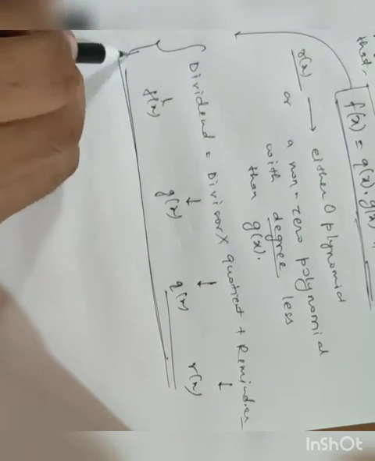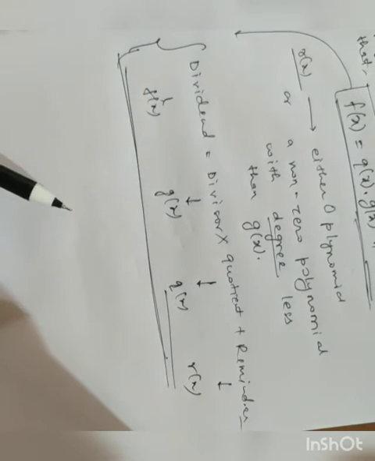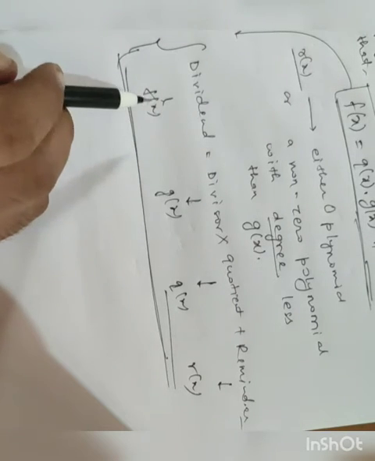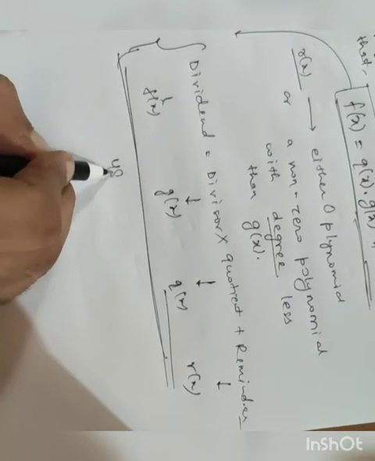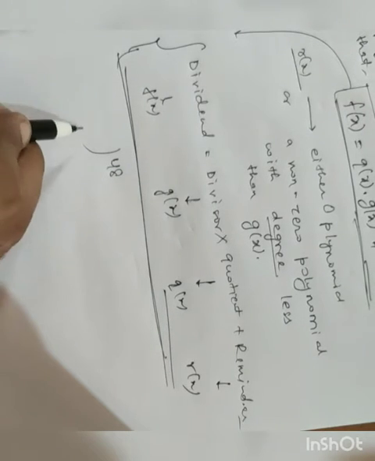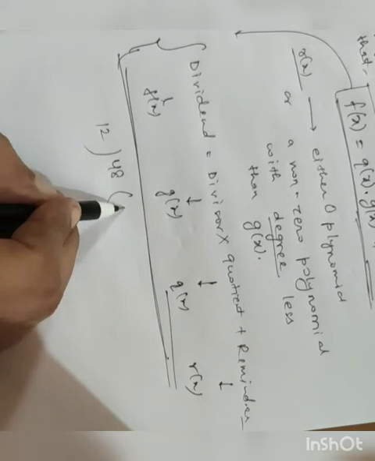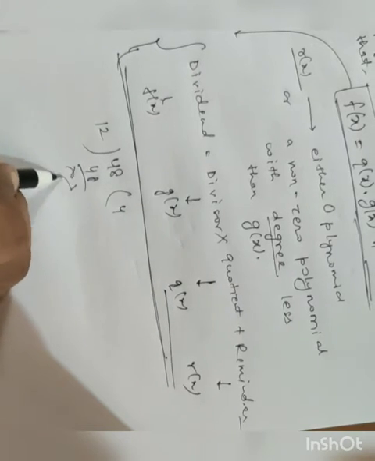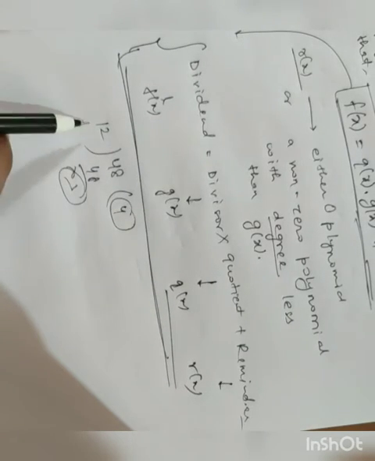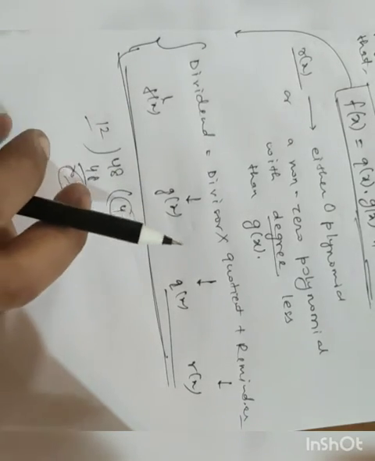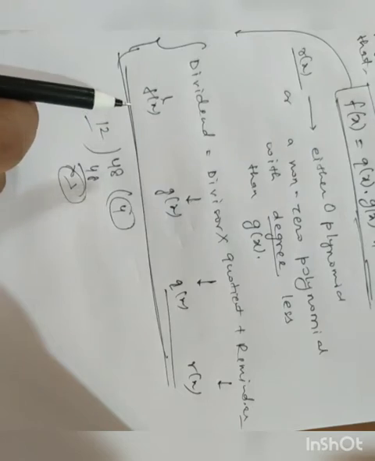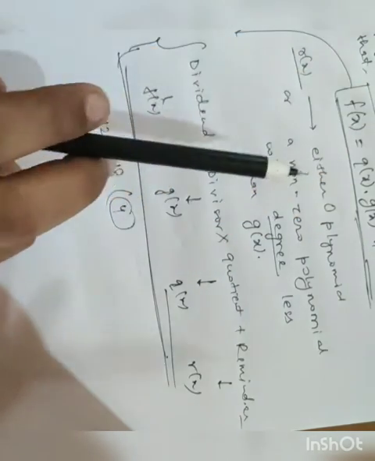So we can also see it like that. It's very easy to understand this way: let's say the dividend is 48 and the divisor is 12. So 4 is the quotient and 0 is the remainder. So we can verify it like that. It also applies to polynomials, which is possible because of division.